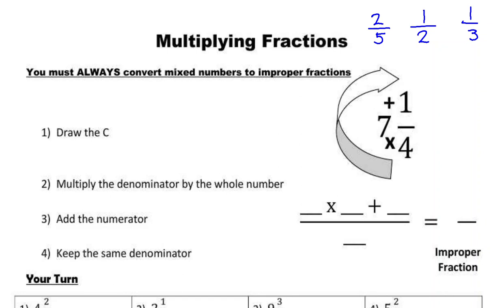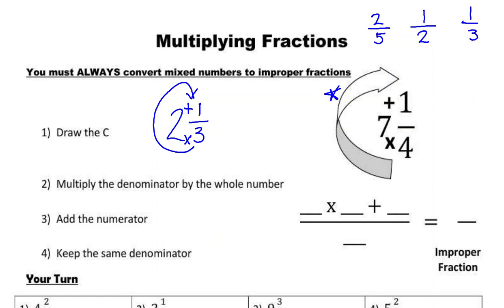And we're going to talk about the magic C, which we've talked about a little bit. So we always draw the C around our fraction. So we could use the example 2 1/3, and I would draw the C, multiply at the bottom, and add at the top, which is the same thing I have over here in this picture. So you multiply the denominator by the whole number, and then you add in the numerator and keep the same denominator.